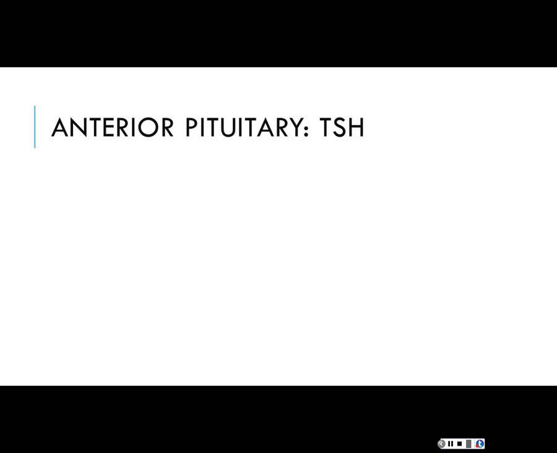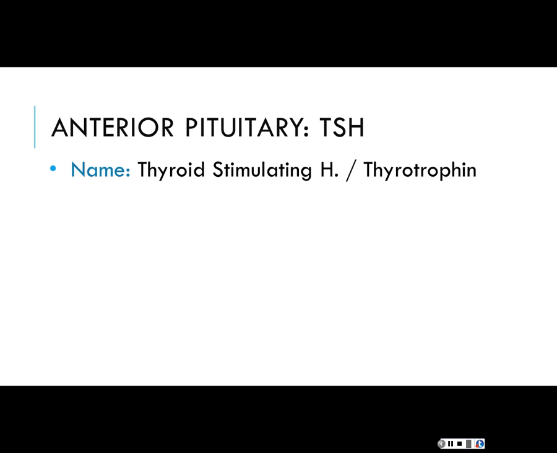No, you're correct, it is not thyroxine. Thyrotropin. Okay, very good. Thyroid stimulating hormone. You could say all that, or we could just give it the suffix tropin, which tells us it's a hormone that targets another gland. In this case, the gland is the thyroid gland.